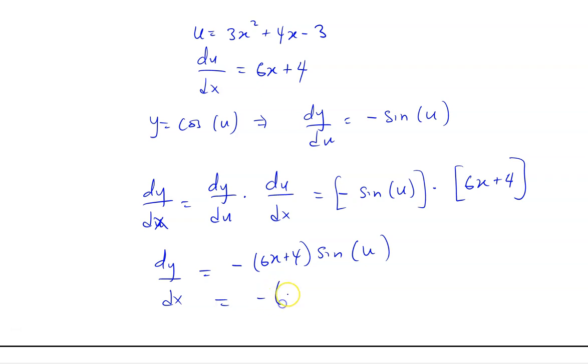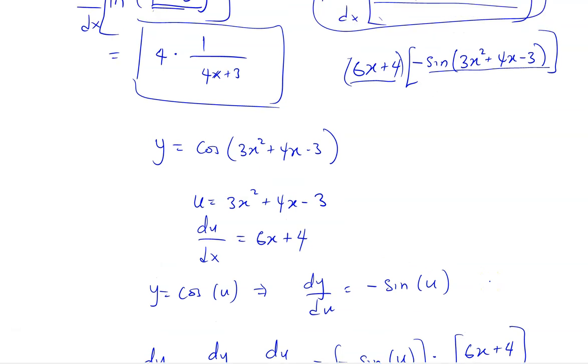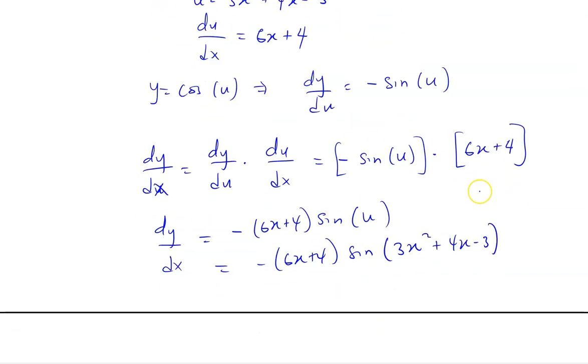We are going to get negative 6x plus 4 sine, and what was u? u was given as 3x squared plus 4x minus 3. So you see that it's the same value there, right? This one, the negative can come out, which is negative 6x plus 4, all multiplied by sine 3x squared plus 4x minus 3. You get it? So it's the same thing as we've seen over here.